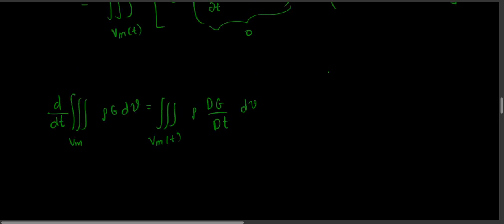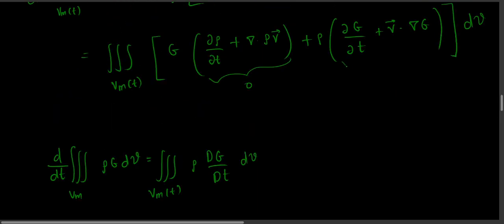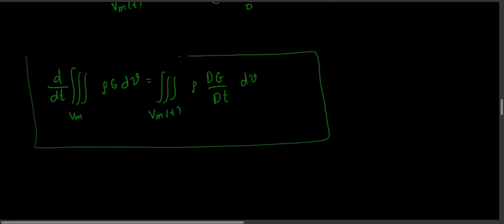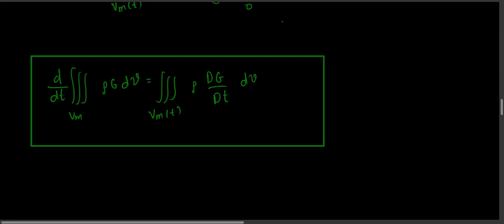I've just written out this term in terms of the material derivative, similar to the formula we saw previously. Let me box that. Yeah, perfect. This result is known as the second kinematic transport theorem.